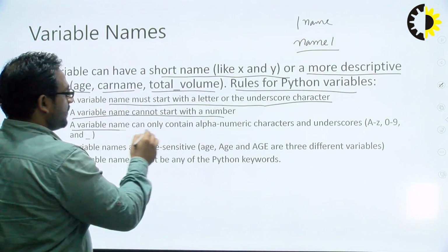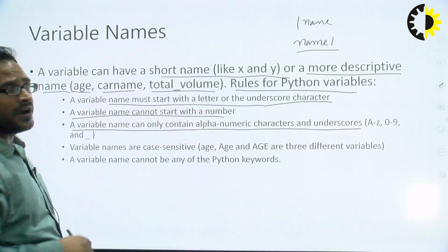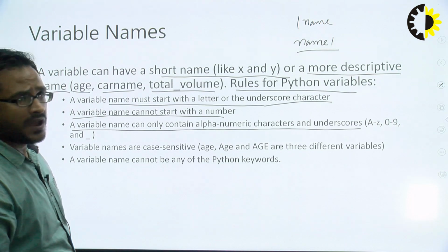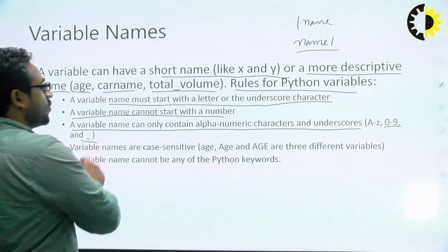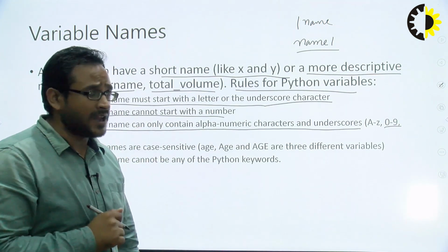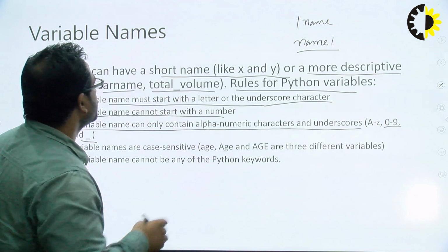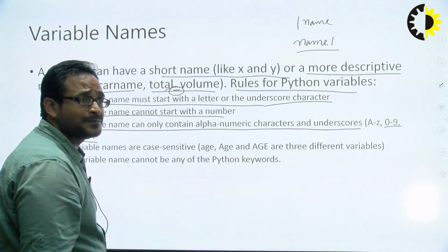A variable name can contain only alphanumeric characters and underscore: small a to small z, capital A to capital Z, 0 to 9, and underscore only. No special character is allowed when you create a variable name. For example, suppose you are creating total volume. You can see an underscore is used here, total_volume, right?